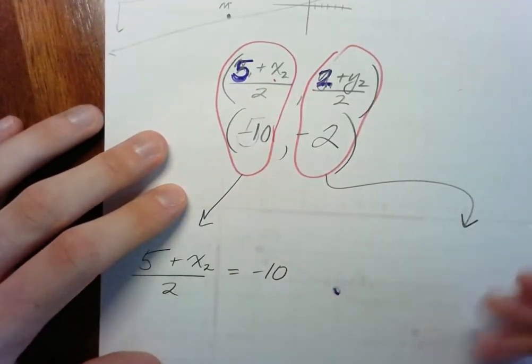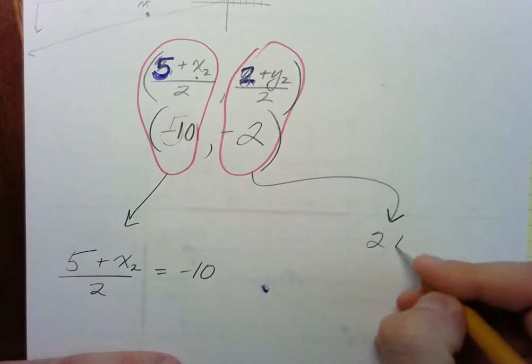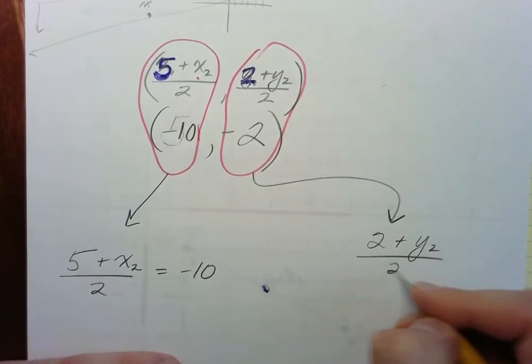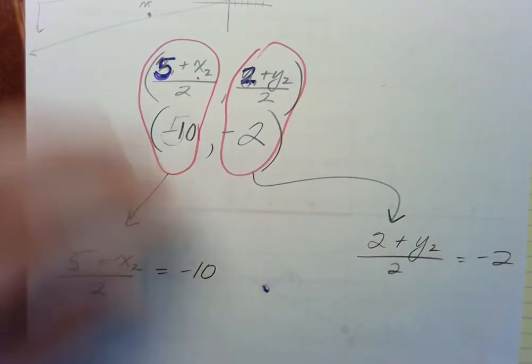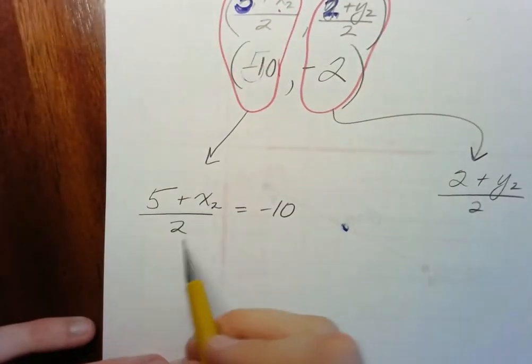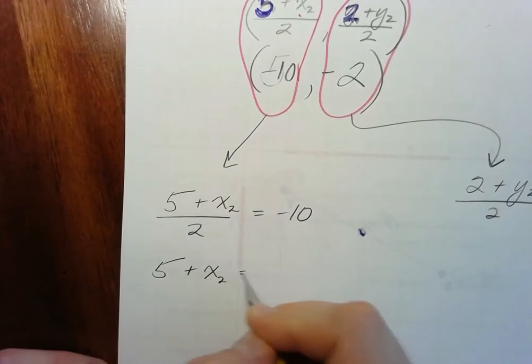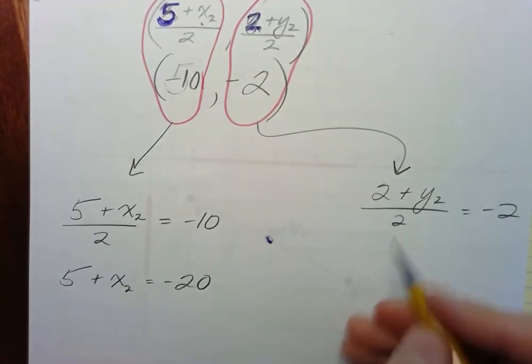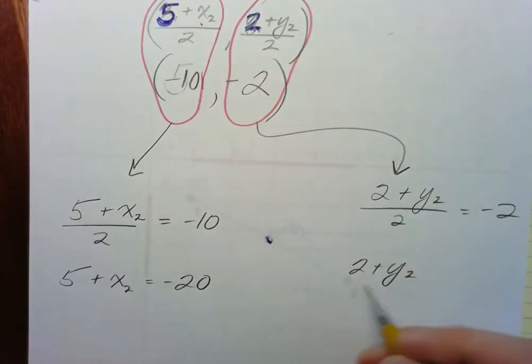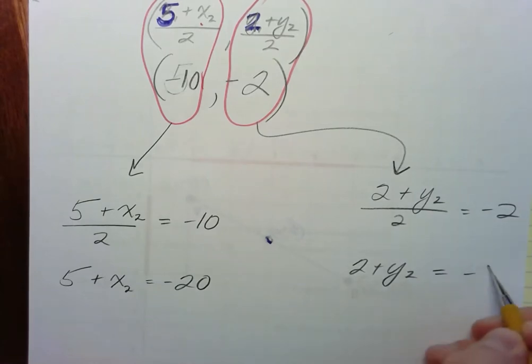And this equation is going to be something like 2 plus y2 over 2 equals negative 2. A lot of 2's in there. Okay, so we can just cross multiply the 2. 5 plus x2 equals negative 20. And 2 plus y2 equals negative 4.